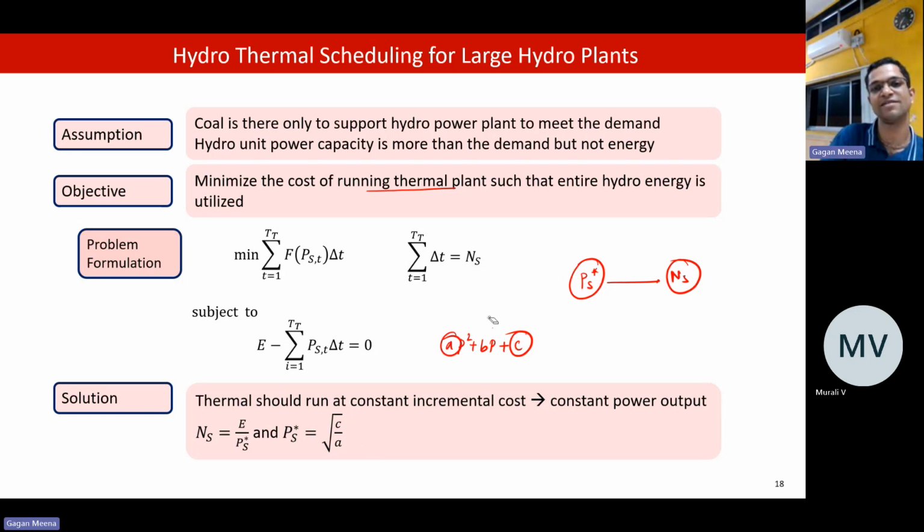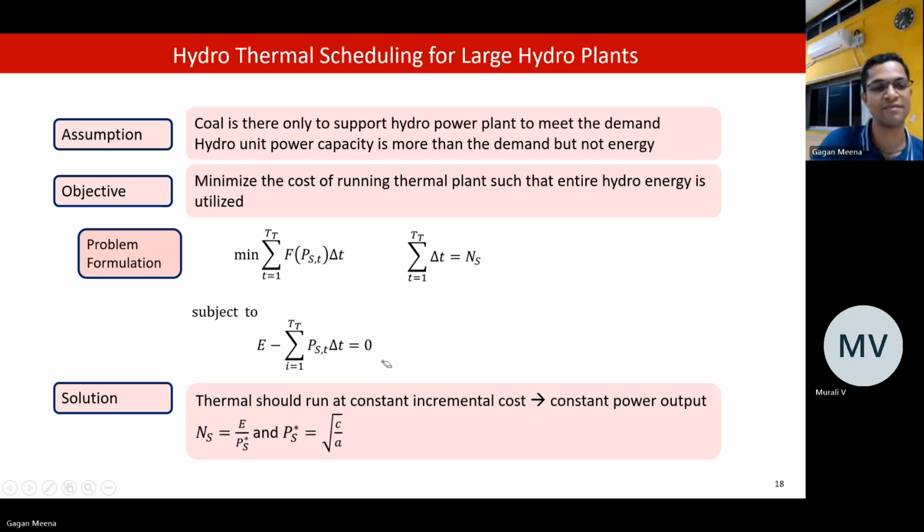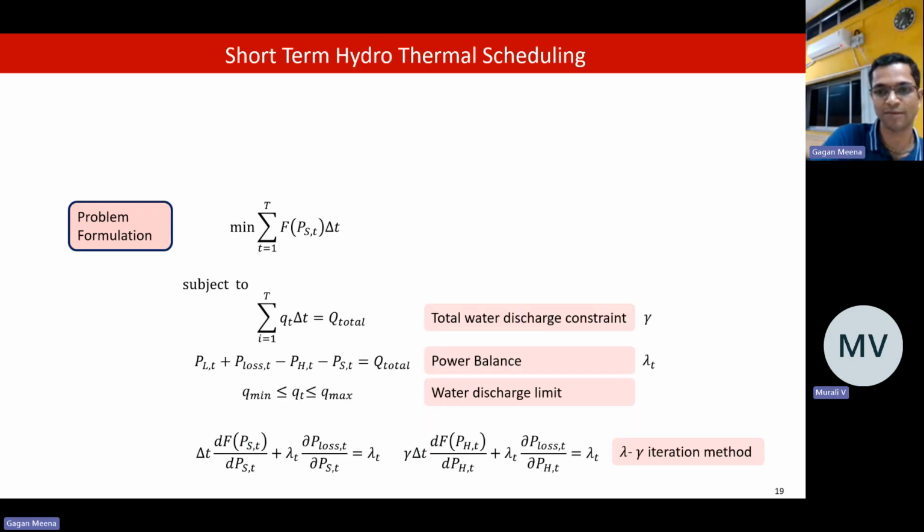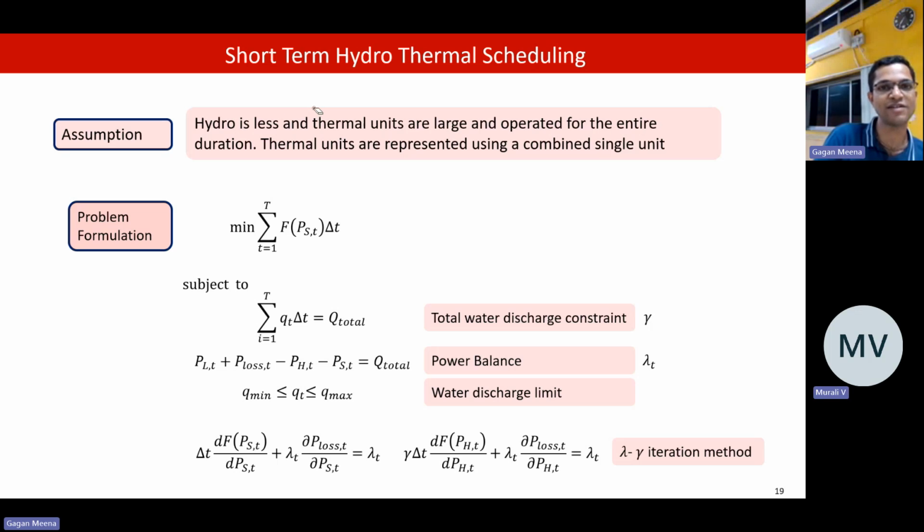It's a simple case of hydro alone. If we have only hydro, then it's difficult to meet the demand. If we have some other generator, hydro can provide the demand. So that is the case when hydro is quite large and thermal is there to support. Now the opposite case is when hydro is less.